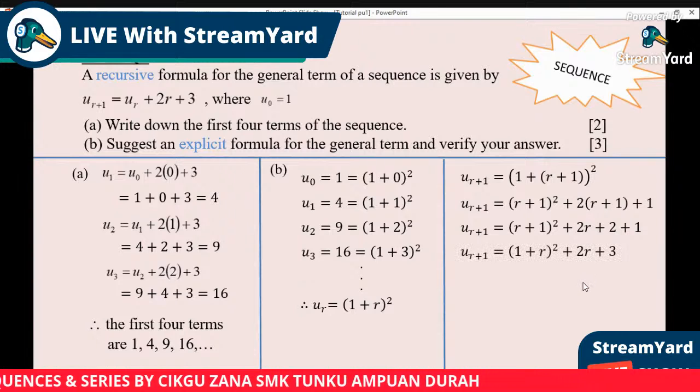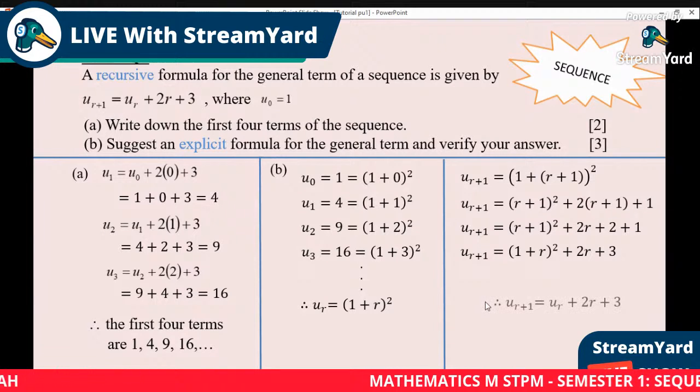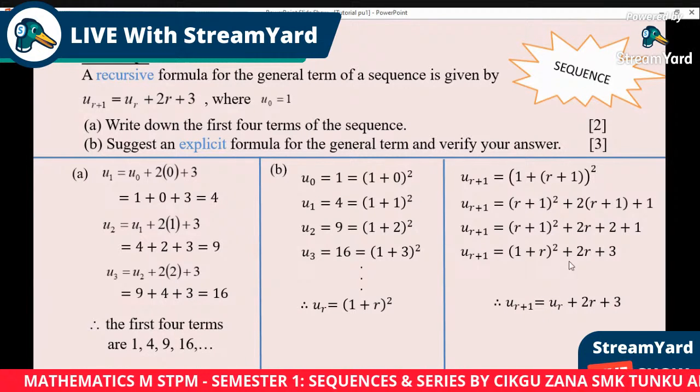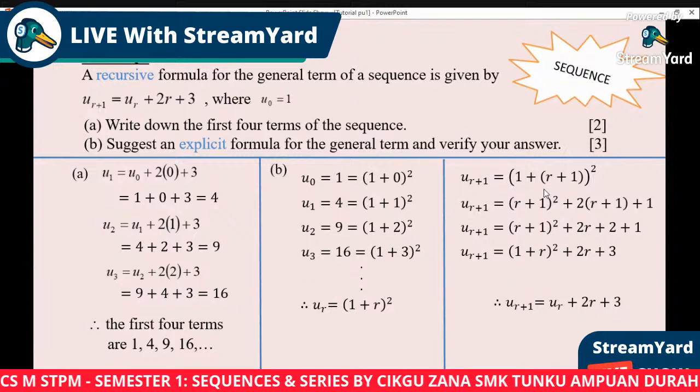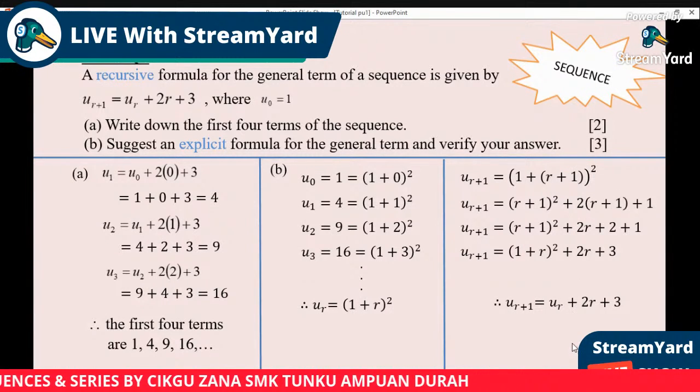So your r plus 1 term is the same as the one given in the question: the r-th term plus 2r plus 1. Most of you substituted values of r, which is incorrect because you need to verify the formula, not find the values of U(r+1).